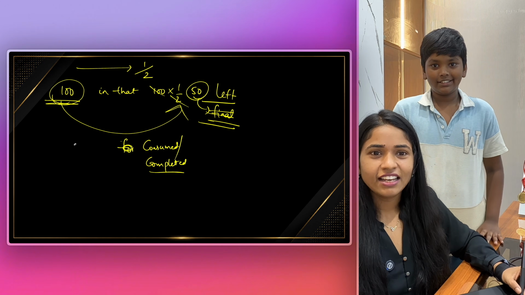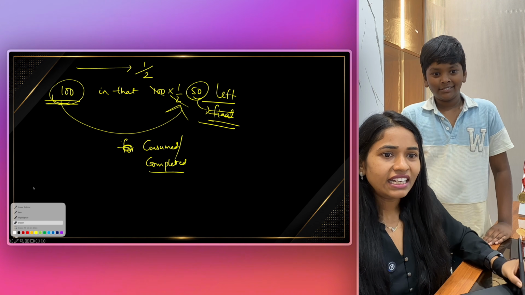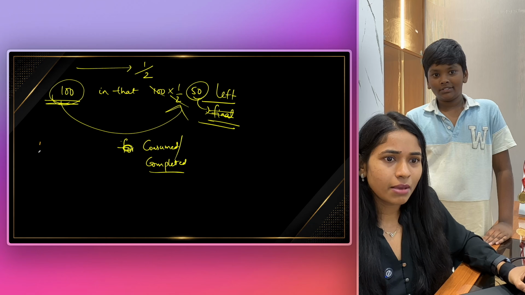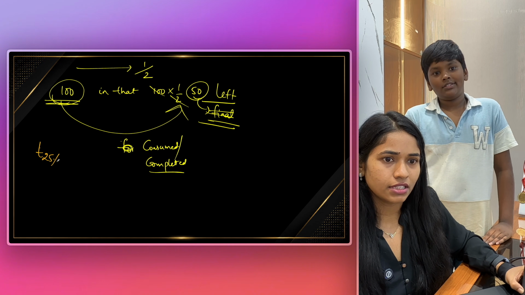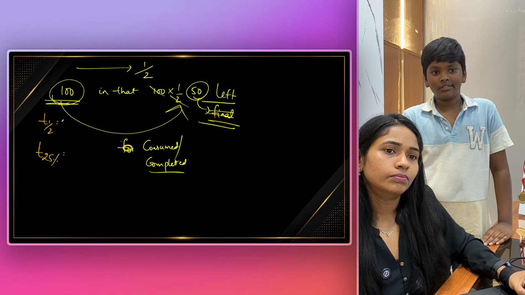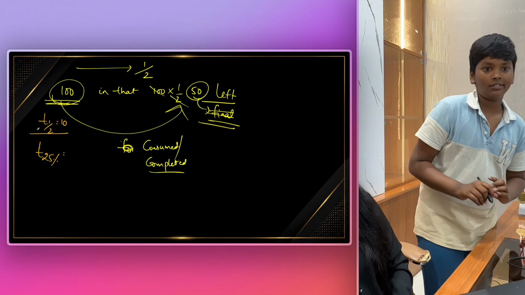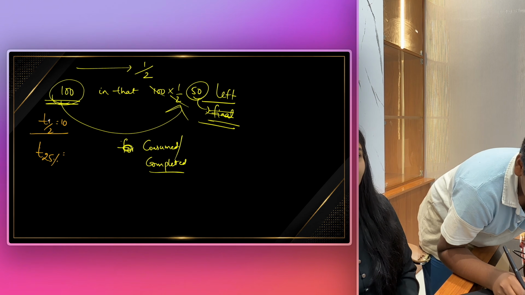Okay. You understand what I am telling here? Oh, great. Now Vikshit, this is the space for you. Tell me T 25%. T half is equal to 10. Find it out. What is the formula?